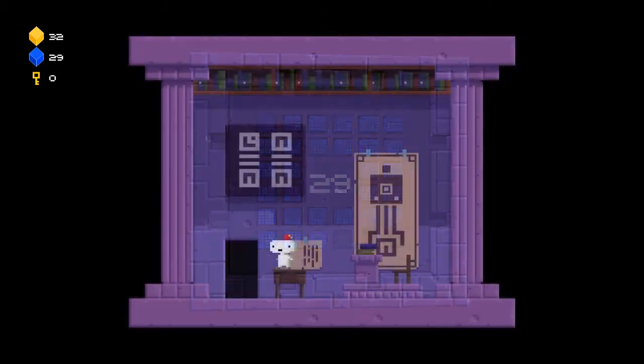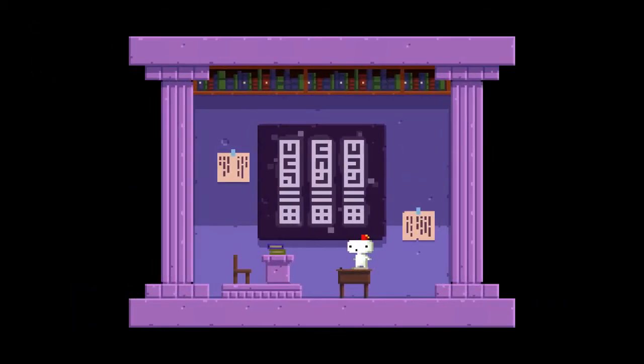So you have up U is 1, right U is 2, and down U is 3. The game has given us those. Well, if we follow the pattern, left U has to be 4. Okay, that makes sense, right? So if left U is 4... So that means, so up U is 1, right U is 2.